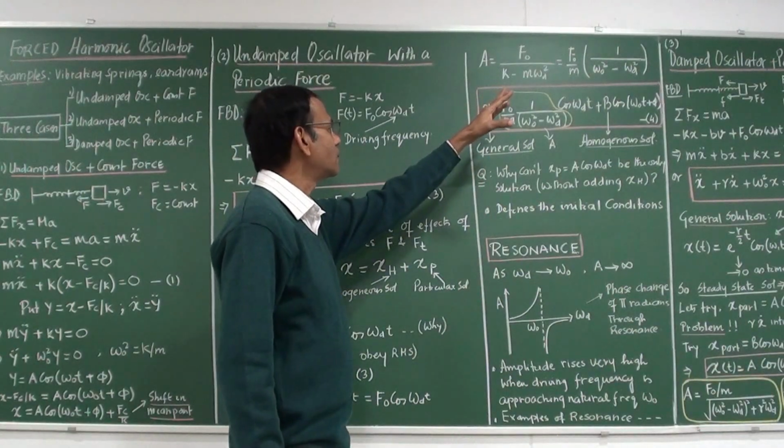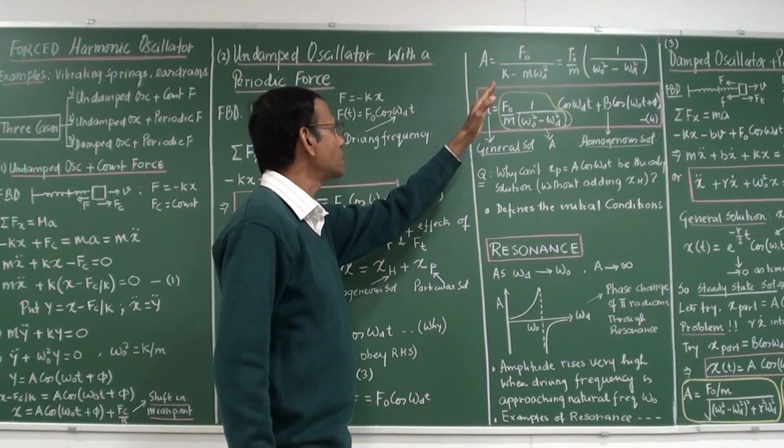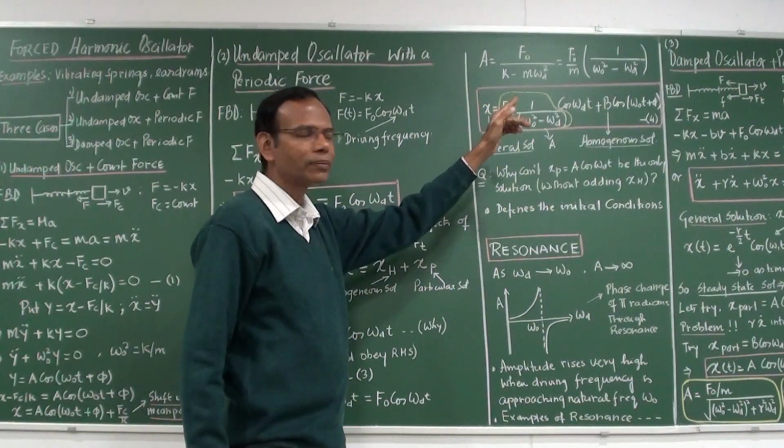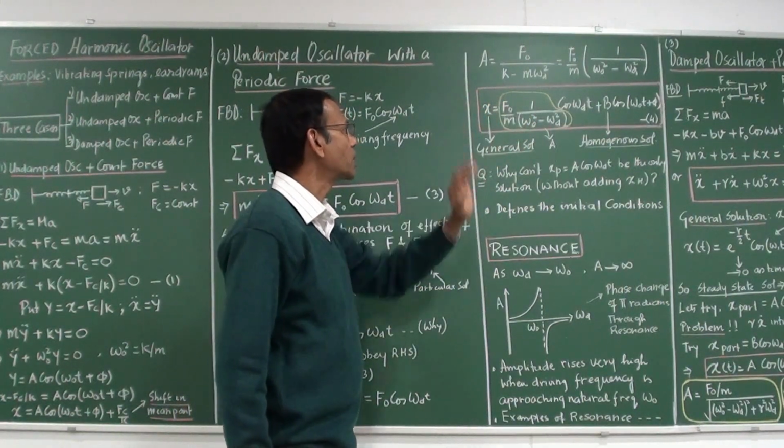You can take m common, so it becomes F0 by m, and k by m is omega_0 square, so omega_0 square minus omega_d square.